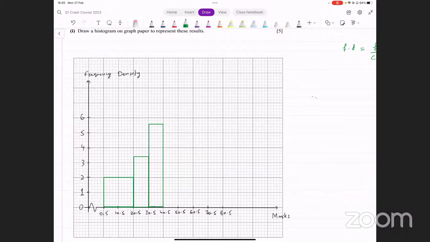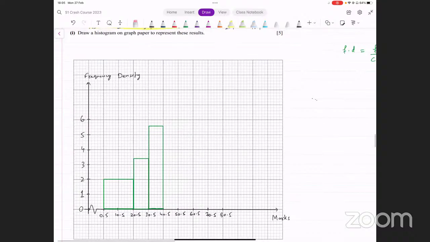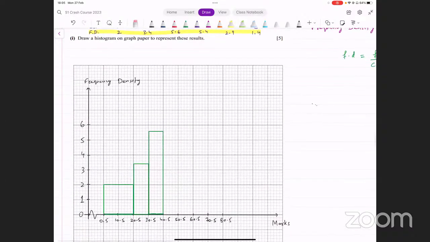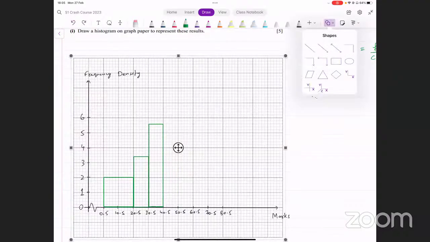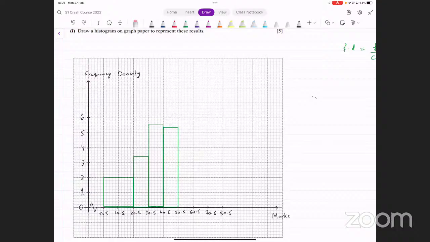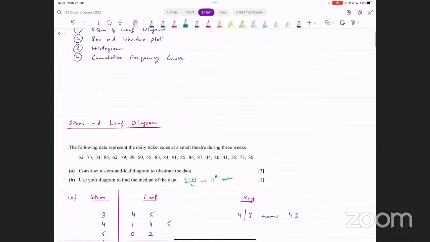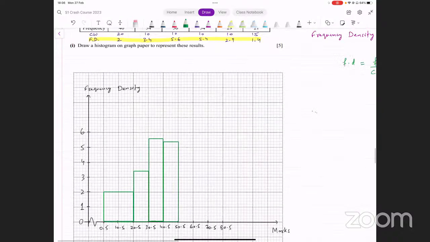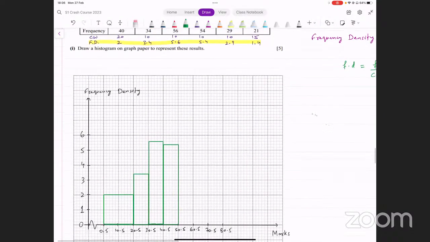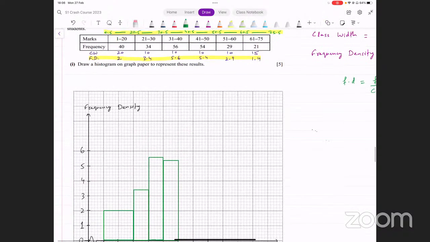All right. And the next one is 5.4. That looks like this. Then you have 2.9 after that for 50.5 to 60.5.